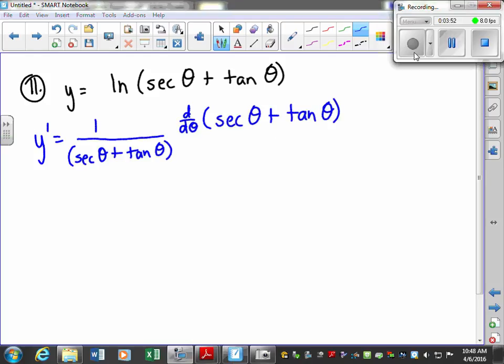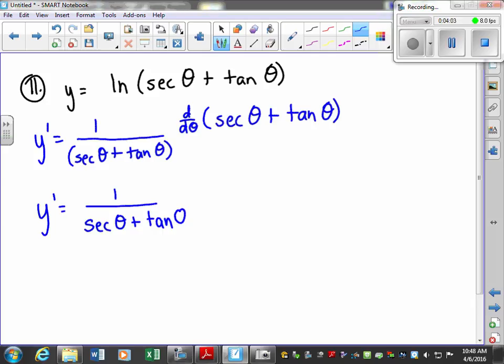Okay, so let's just continue to simplify this. So first of all, I'm going to bring this down. 1 over secant theta plus tangent theta. This is just carrying that down. Now let's work on the derivative over here.